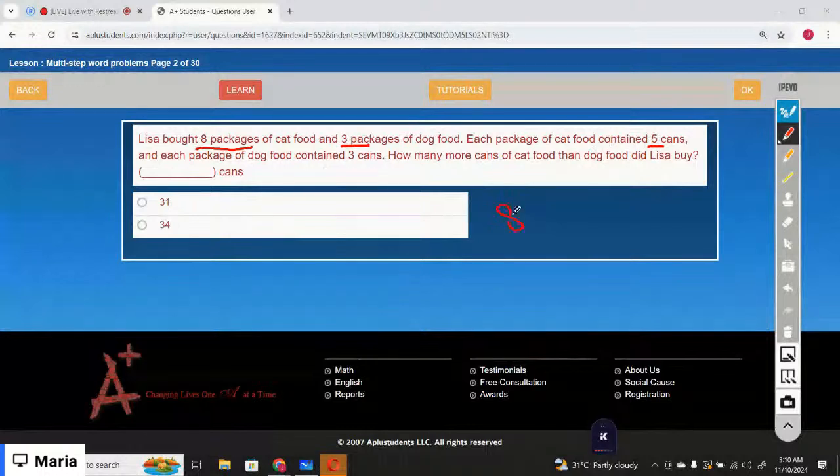So 8 times 5, that means the cat food is 8 times 5 equals 40 cans. And then 3 packages of dog food, so you have 3 times 3, that is 9 cans.